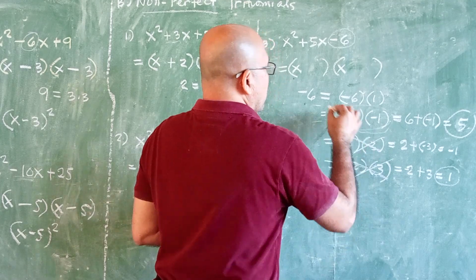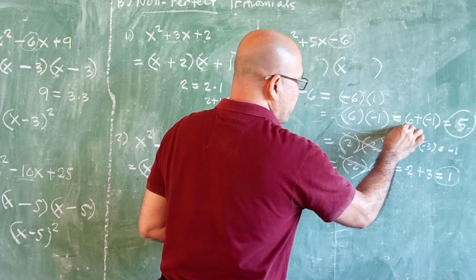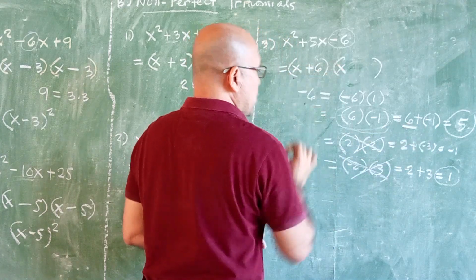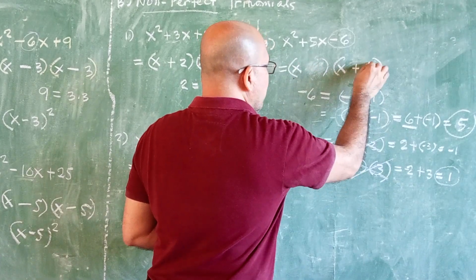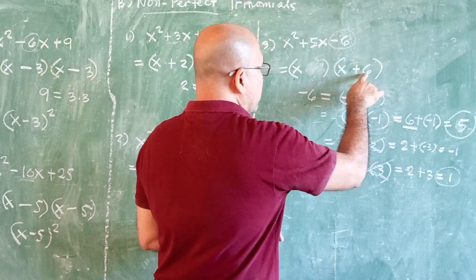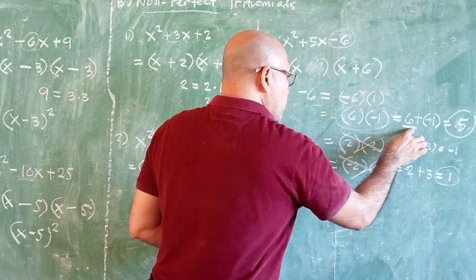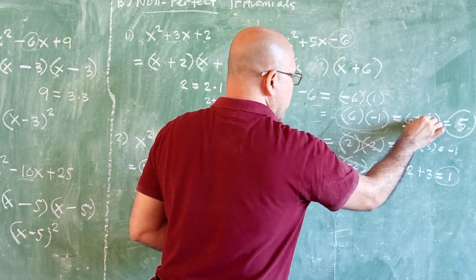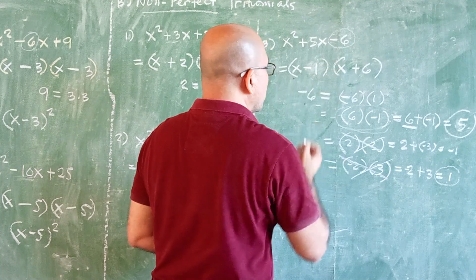And to place these factors here, if it is positive, then automatic it will be plus 6. Or you may also say you can place plus 6 here. It doesn't matter. What is important is when you use 6, it is plus. And since it is negative 1, since the sign is negative, automatic, when you place that one here, it becomes minus 1.